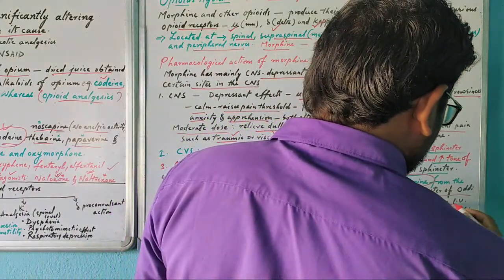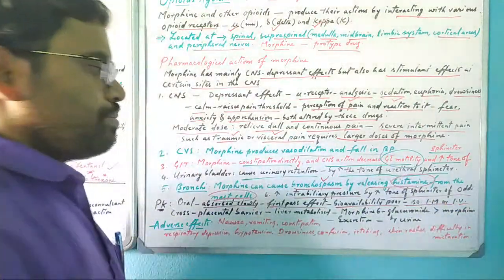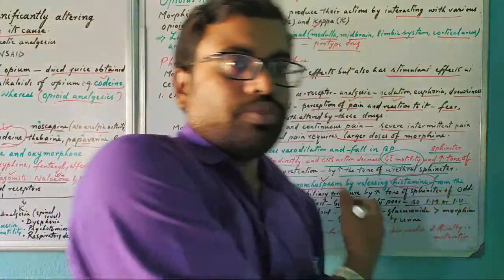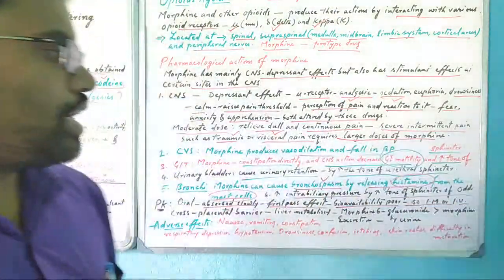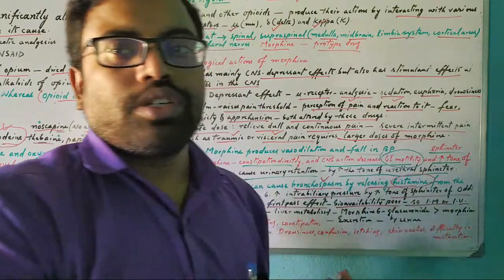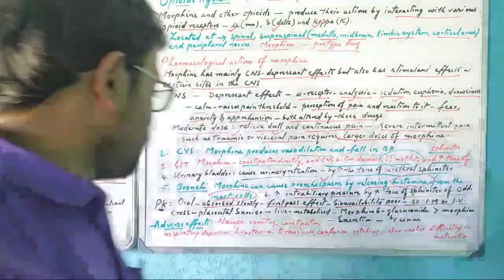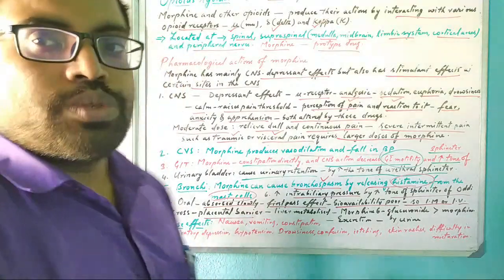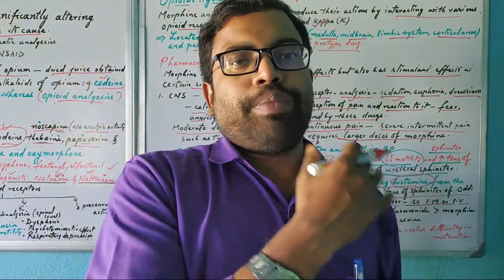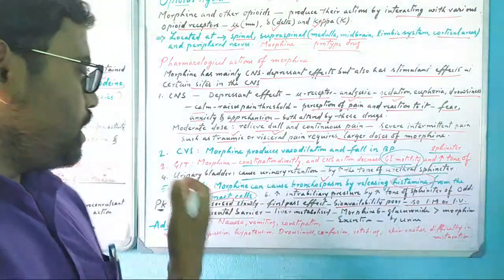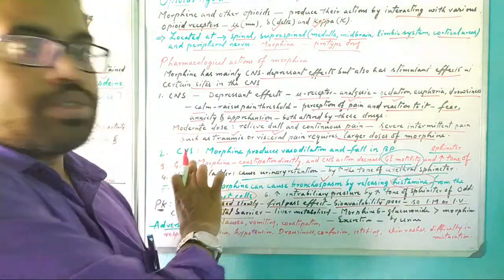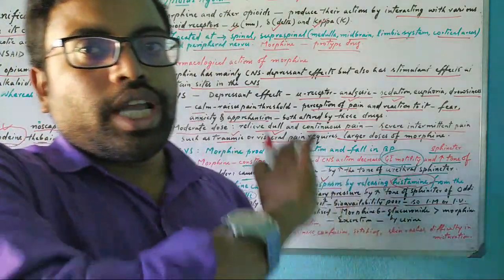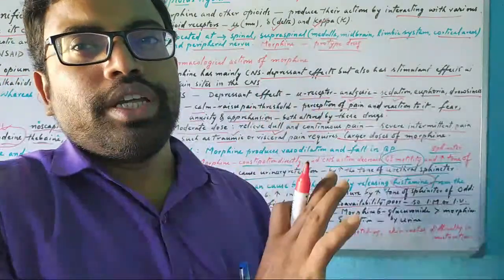So intramuscular or IV is given because this is effective. There is no first pass metabolism, so it can reach the systemic circulation and the site of action directly. By that way it can cross the placental barrier, so it is not useful for pregnant women. In place of morphine, for pain relief for women, pethidine is given.